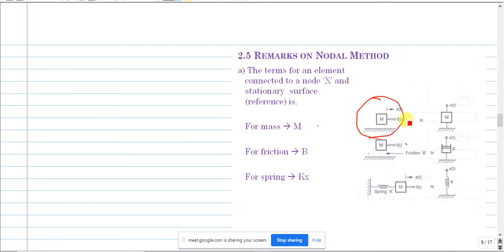If you want to represent mass m in terms of a nodal diagram, check that for this mass we have a displacement x of t. So x of t has to be represented with a node, that is done, and below that you represent mass m and ground. So this is x of t.